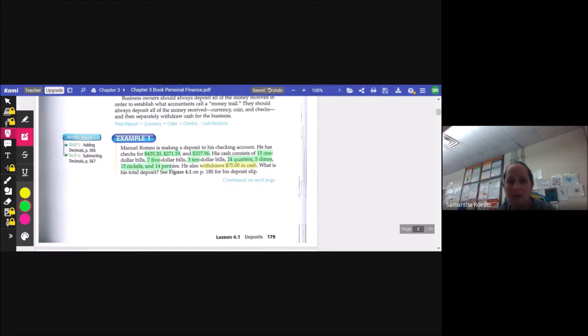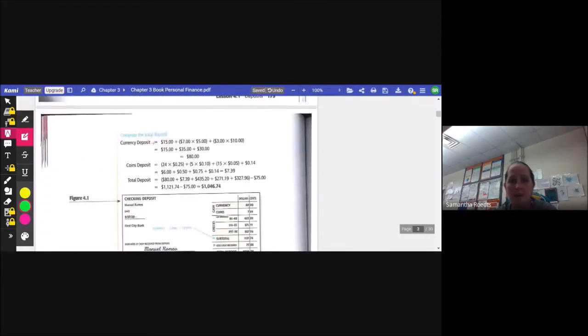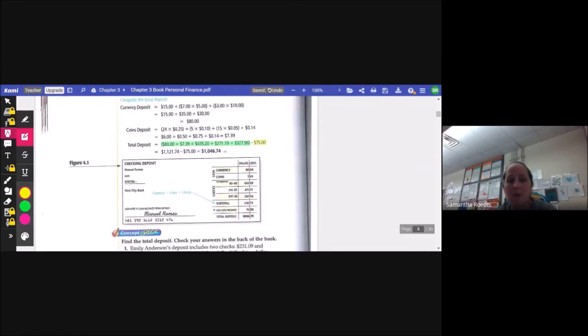So we added everything in green and then subtracted what was in yellow. This is your green, and then you subtract in yellow.